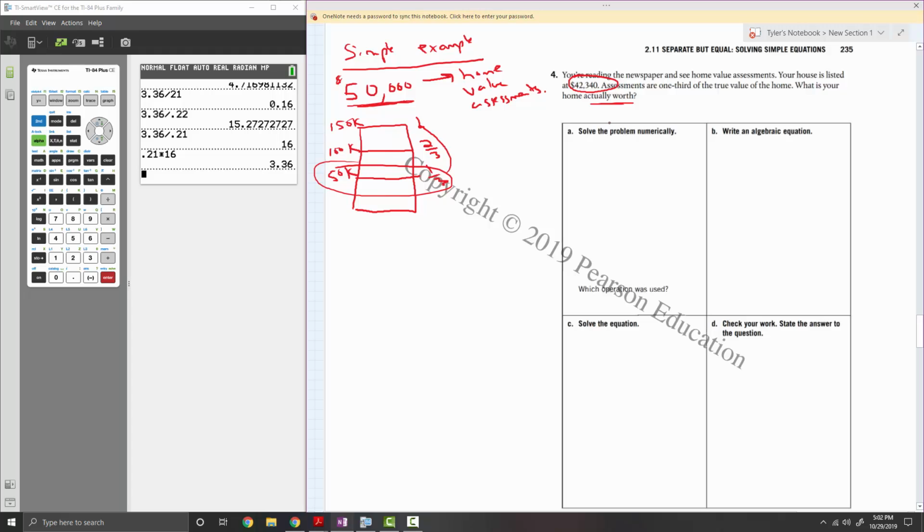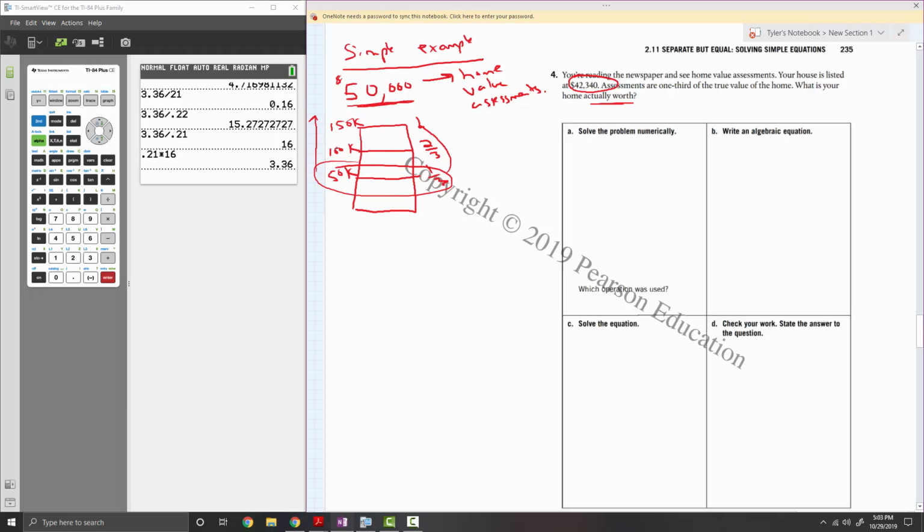So if your home value assessment was $2,000, then your home would actually be worth 6,000, 2,000 times 3. So we just need to multiply by 3. And I guess I didn't spell this out very quickly.